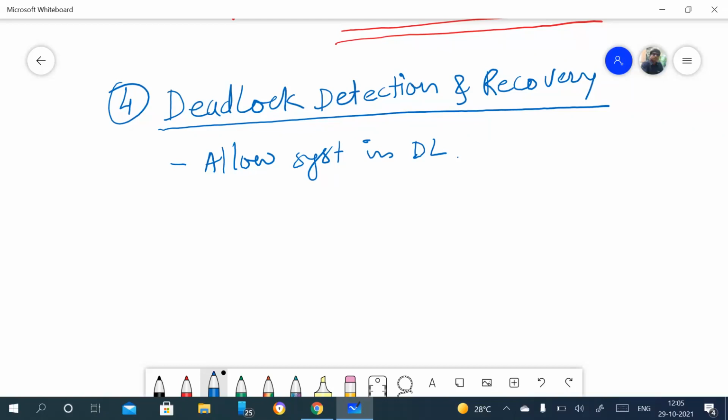So how can we detect? We already discussed this one, so I'm not going into detail again. There are two algorithms with which we can detect it. The first method is the resource allocation graph. With this we can detect whether the system is in a deadlock case or not, using this RAG, resource allocation graph.